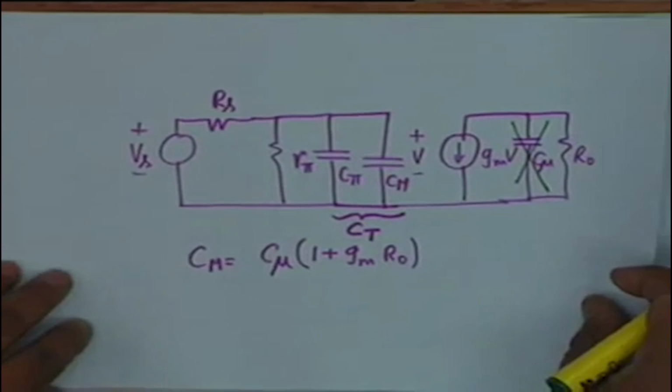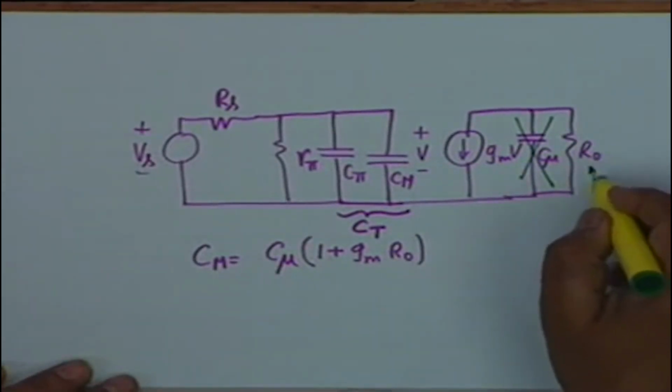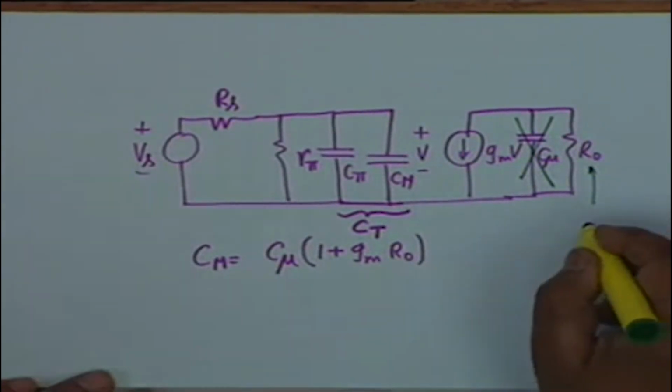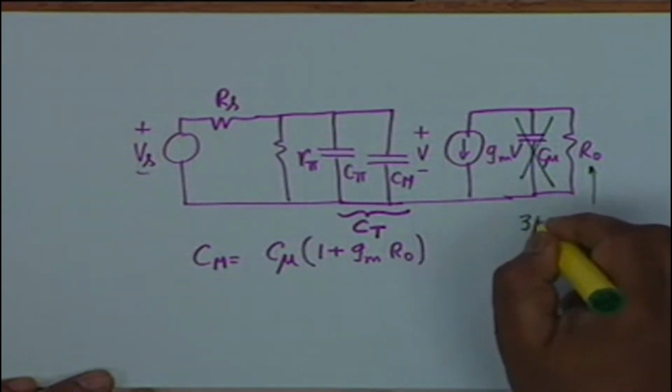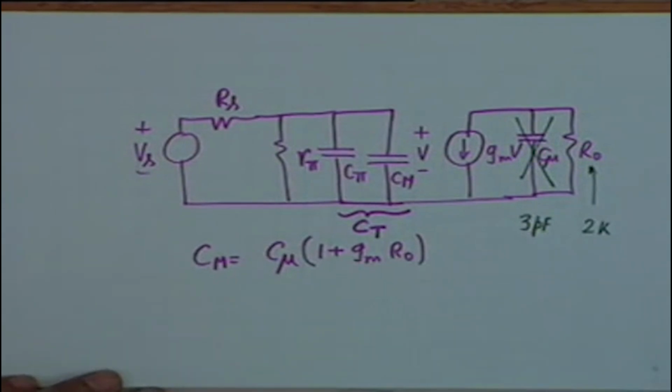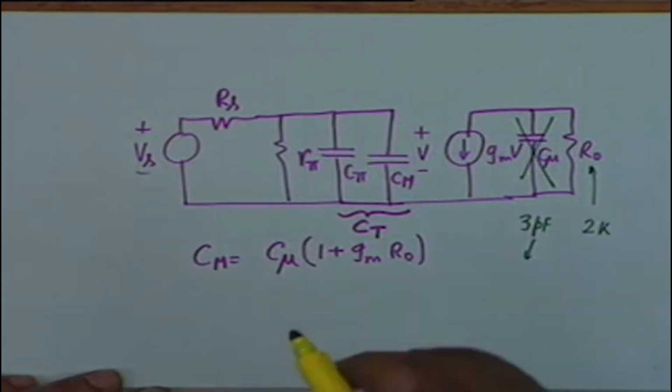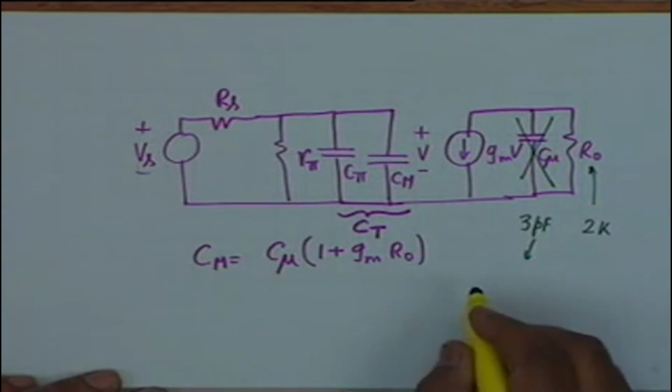ignoring C mu. Okay, I said that R naught is of the order of a few Ks. Let's say it is 2K. C mu is a 3 pF capacitor. Alright, let's see the end of the audio band, 20 kilohertz.